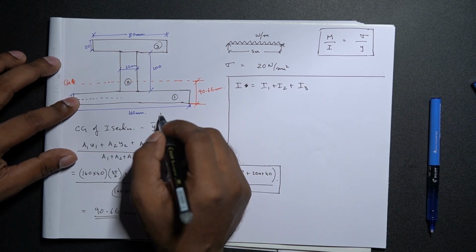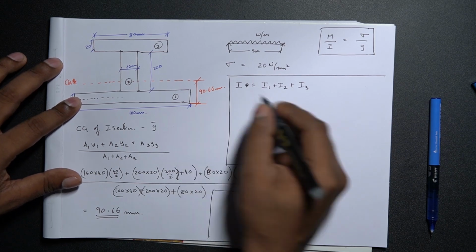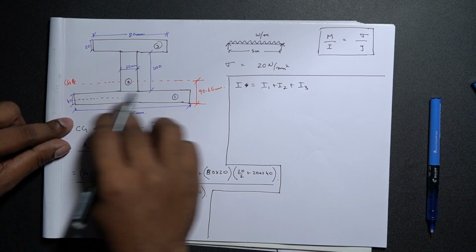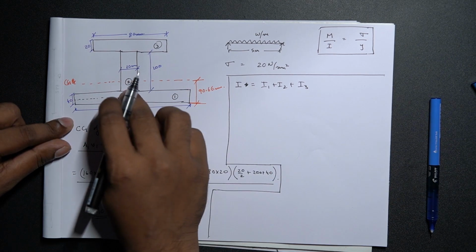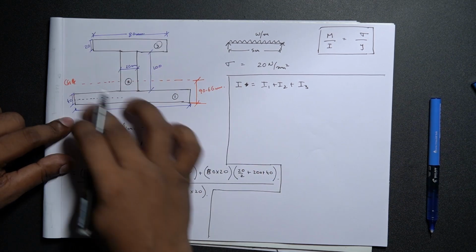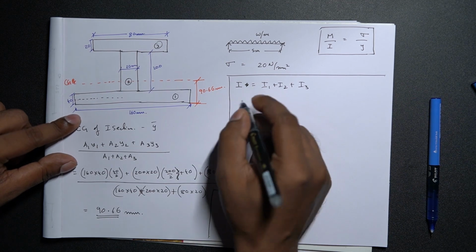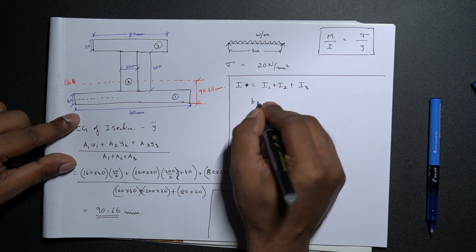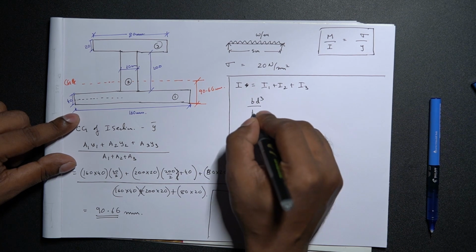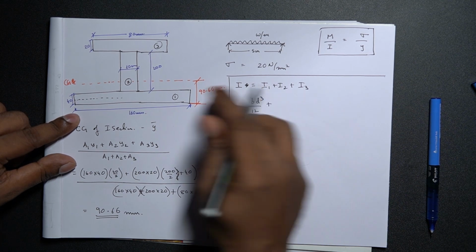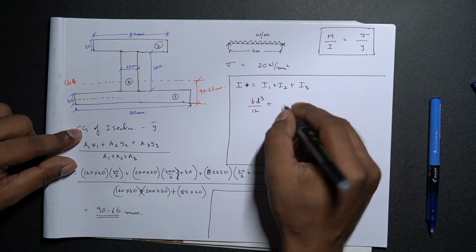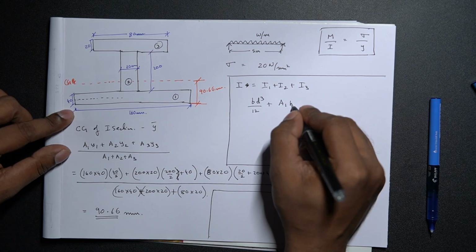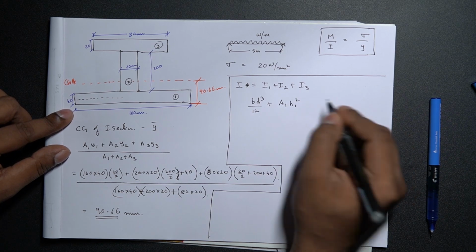For I1, the moment of inertia would be the moment of inertia of the section itself plus the moment of inertia with respect to the entire asymmetrical I section. Since this is a rectangular section, it would be BD cube by 12, plus A1 H1 squared.